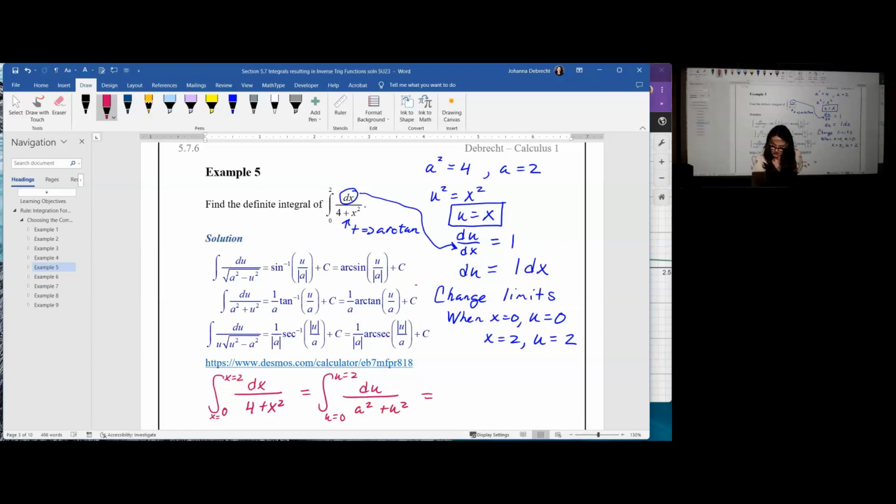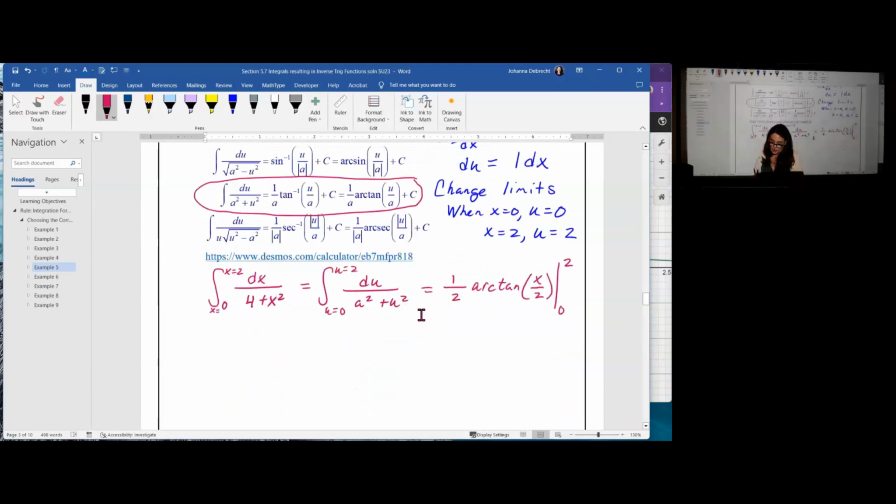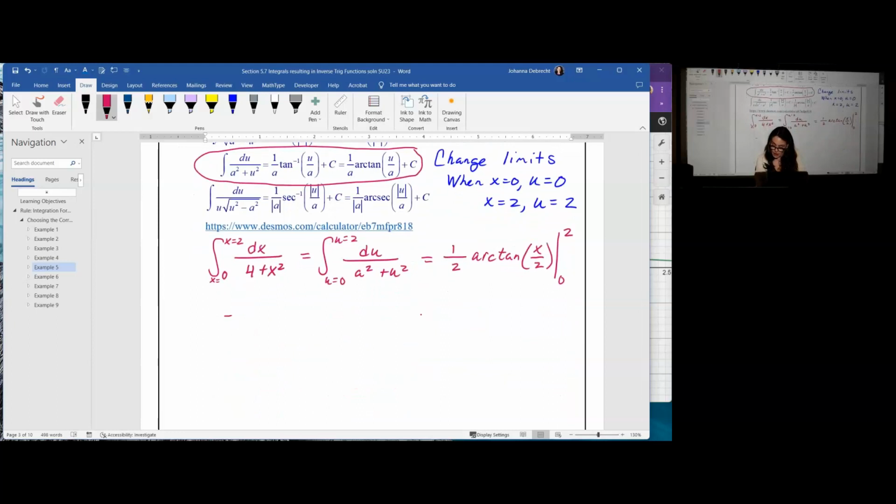This is going to give me, again, using the formula for arctangent, 1 divided by a, which is 2, times the arctangent of the expression u over a, which is x over 2, but we don't have the plus c. Instead, we need to evaluate between u equals 0 and u equals 2. In order to evaluate, we can now take the 1/2 and leave it on the outside. And instead, we can substitute the limits of integration one at a time into the argument to the inverse trig function.